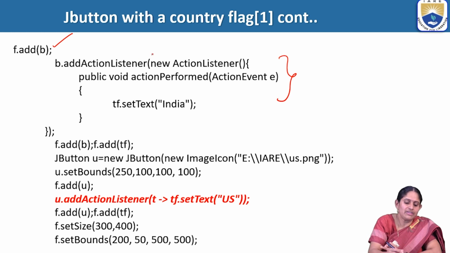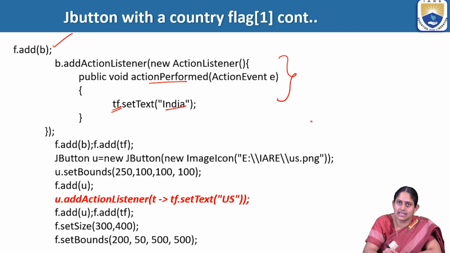So when we click that button, that action event will be created, and since we have our button registered with this listener for that particular event, this actionPerformed method will be invoked. So when the actionPerformed method is invoked, it will set the text field value to India.